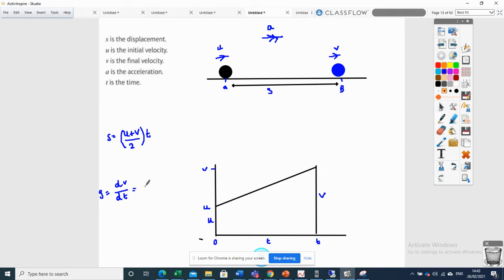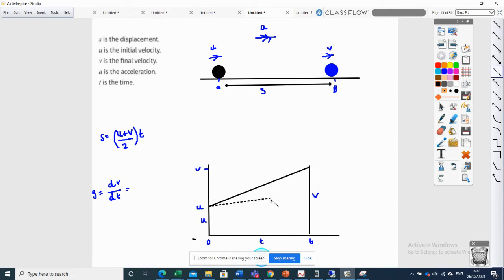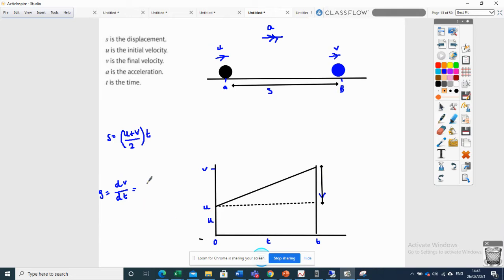The change in velocity is, let's get a dotted line now, this amount here, which would be V minus U. And that is divided by the change in time T, and the gradient of this is equal to the acceleration.